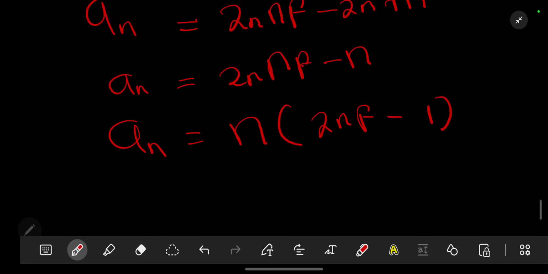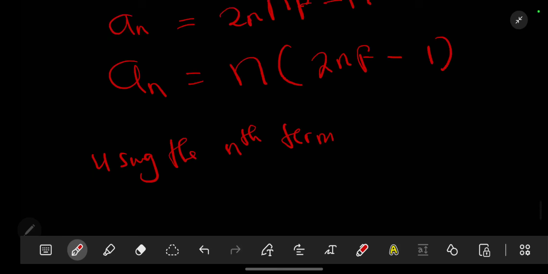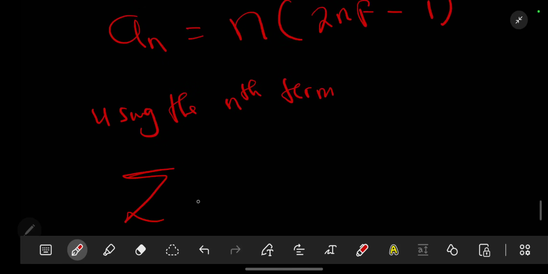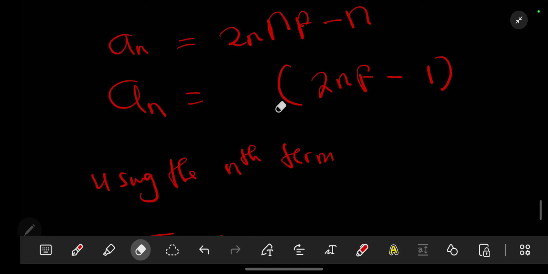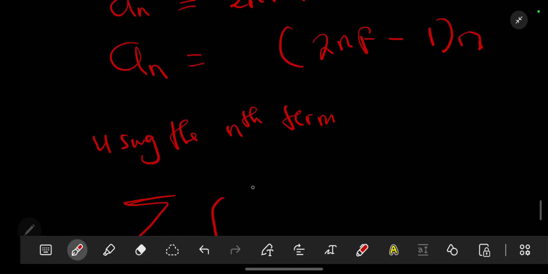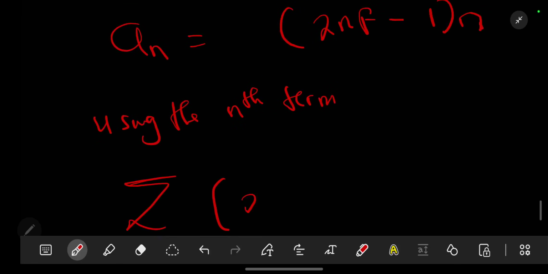So using the nth term, the sigma notation will be like this. We can even put the n on this other side, which is still okay. So the sigma notation will be equal to, we have our 2.